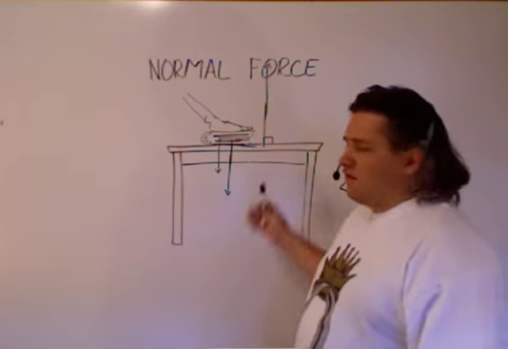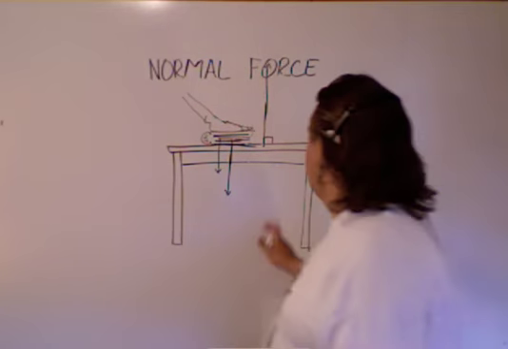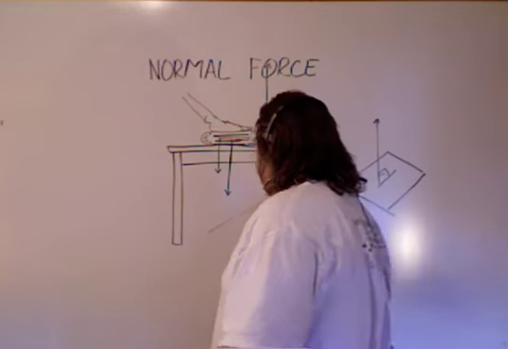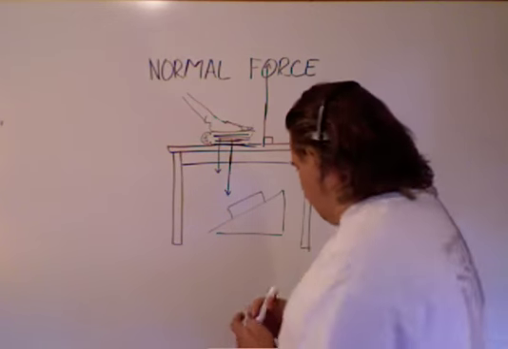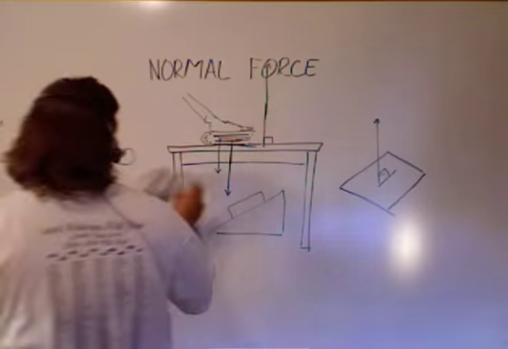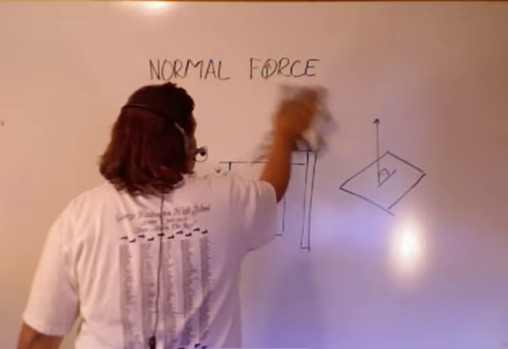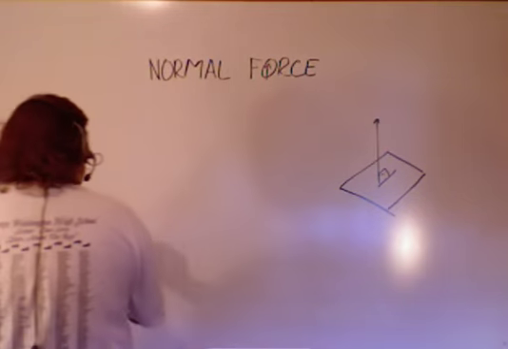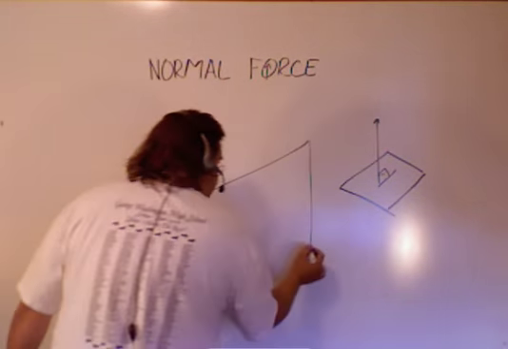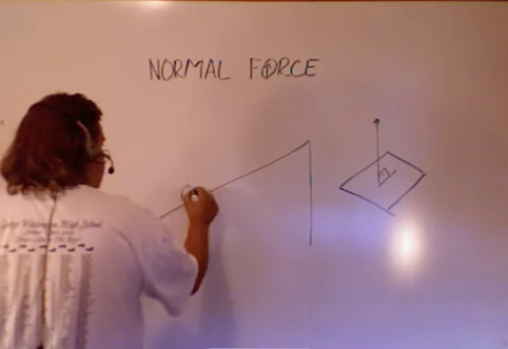Now, in this case, it may not look like a big deal, but what happens if this is a slope table where the book is being pushed down like this? Let me erase that so we can clear off some space. So instead of sitting on a nice flat surface, if it sits on a surface like this, here's my book.